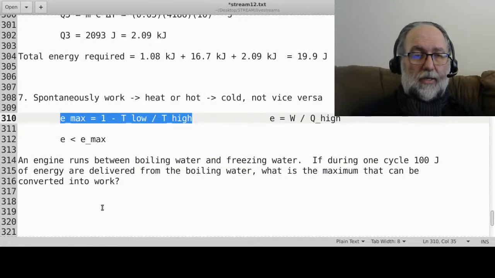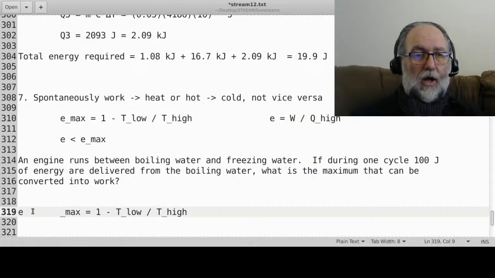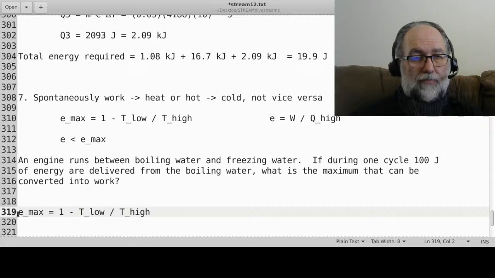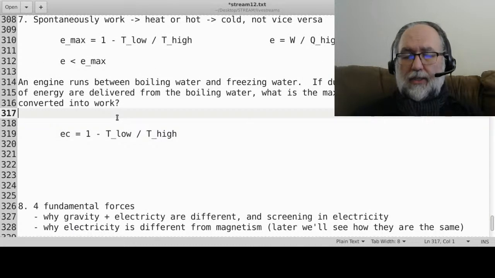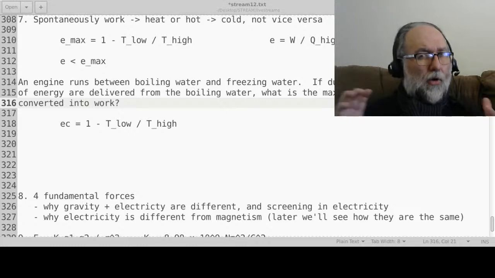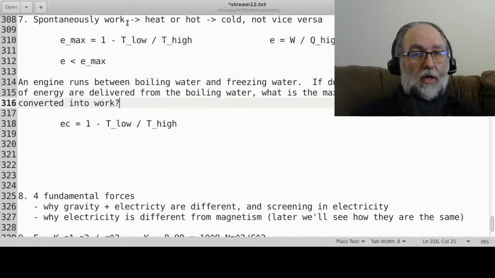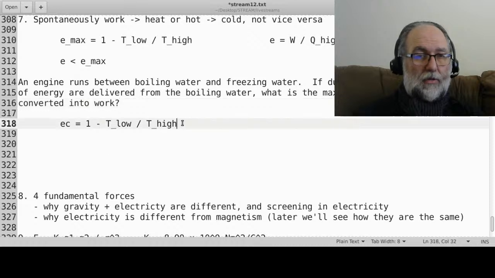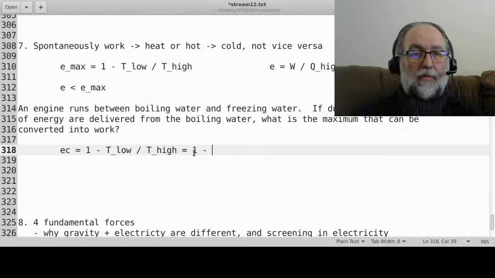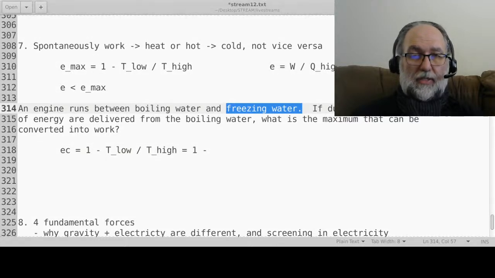First of all, what is Emax? I'm going to call it EC for the Carnot efficiency, just because everyone else does. But again, Carnot efficiency and maximum efficiency are synonymous. So here we've got that this is equal to 1 minus, and we have to be really careful. The low temperature is where water freezes.